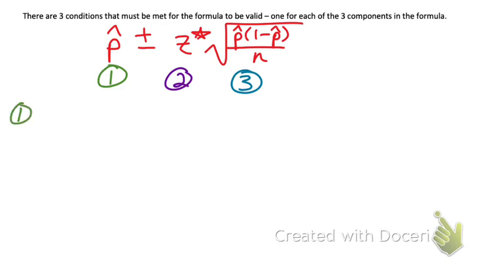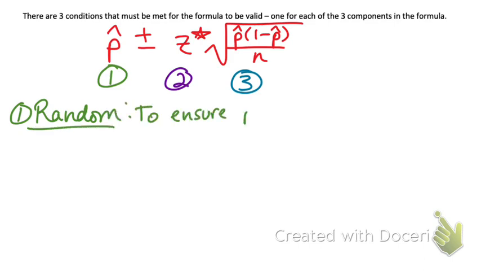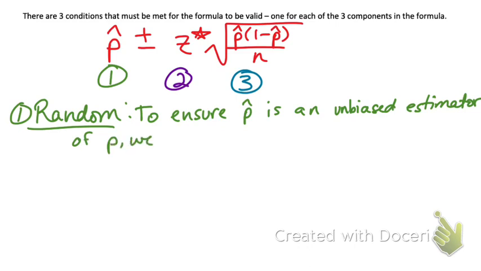Each part has a condition that has to be checked in order to ensure that it is in fact valid. For p hat to be an unbiased estimator of our p, we need to check to make sure we have a random sample. So to ensure p hat is an unbiased estimator of p, we must have an SRS, a simple random sample, from the population.